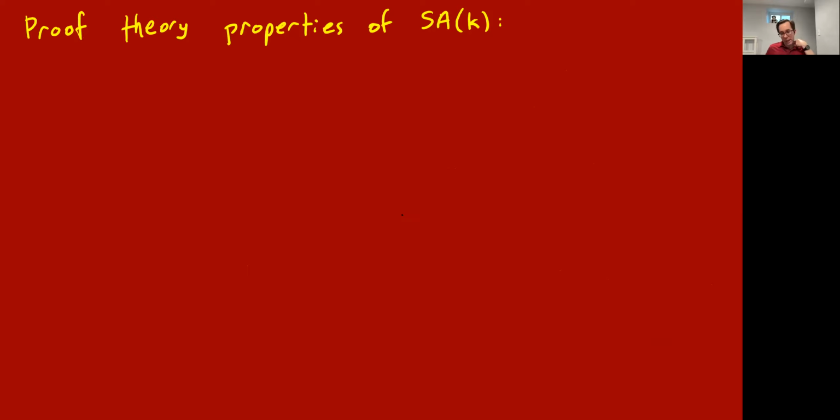Okay, so we can have lots of lectures on this particular proof system. But let me just tell you some properties of this proof system, and they're kind of proof theory properties of it. So just for a little bit of fun, I'm going to use some proof theory terminology. So first of all, it's a sound proof system. You would never want to have an unsound proof system, but what does sound mean?